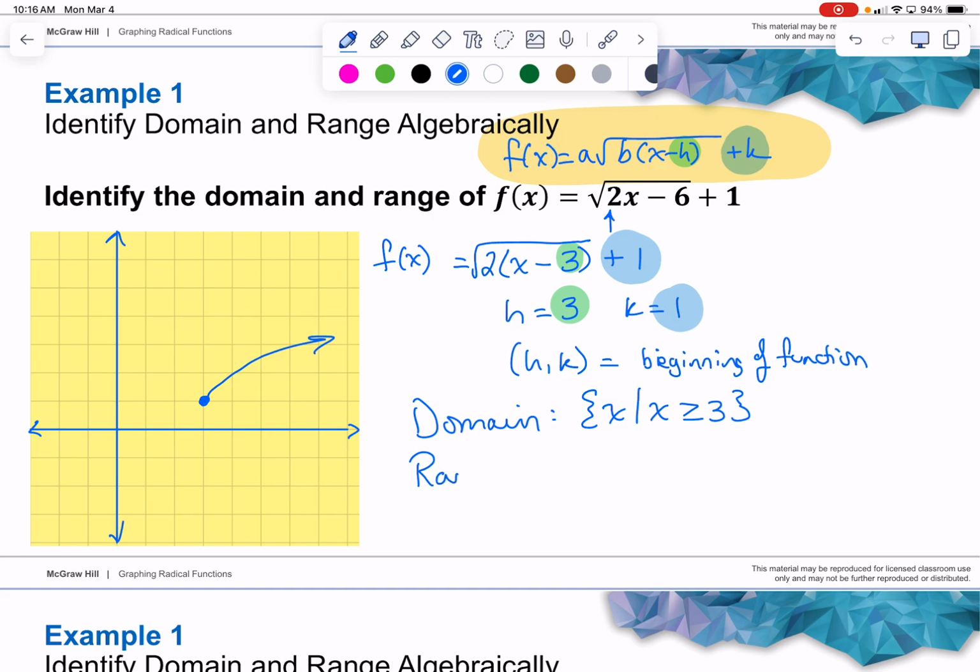And my range is the set of all f of x's such that f of x is, what's the lowest y? 1, greater than or equal to 1. So this number here is my h, that number there is my k, and unless I've got some reflection going on, it's always going to be greater than or equal to.